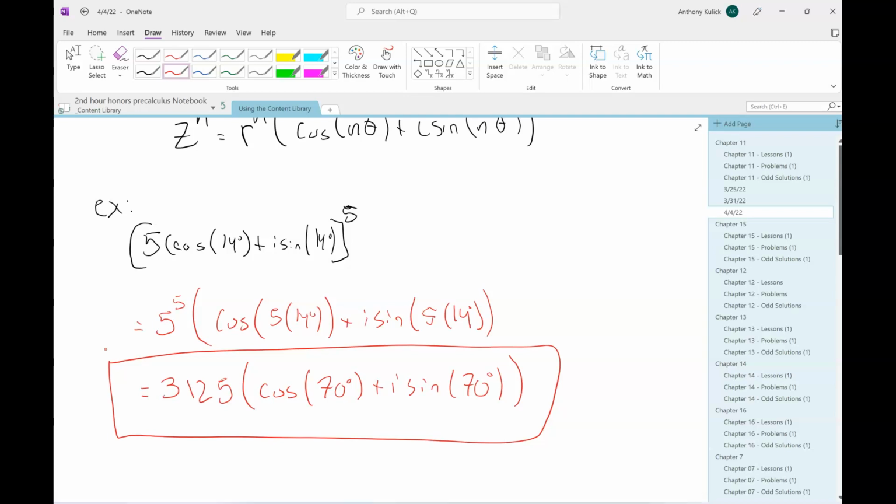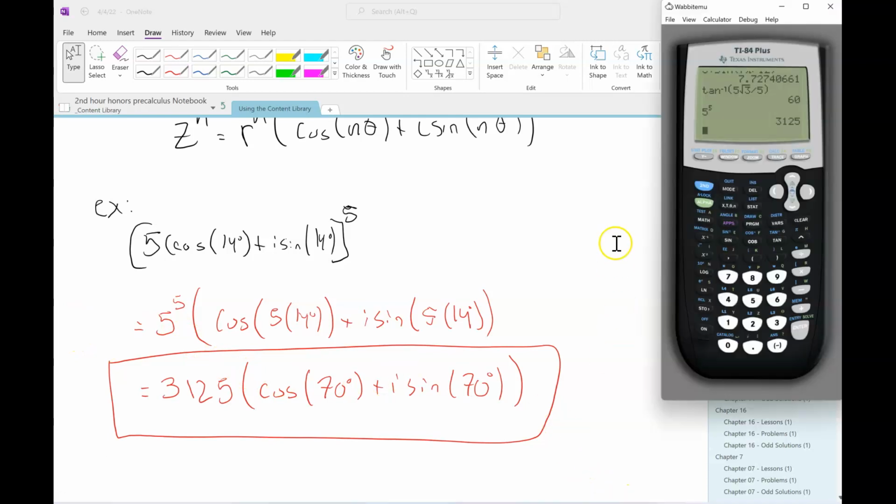What if we wanted this in standard form? Then we just ask our calculator to do that, right? We just got to make sure we're in degree mode. Yep, I moved it back to degree mode at some point. So I have 1,068.8 plus 2,936.5 i.